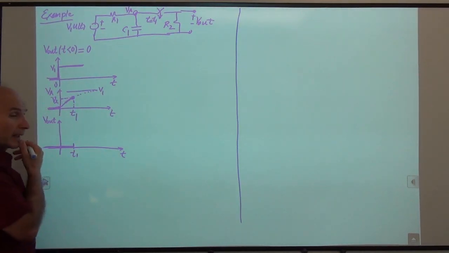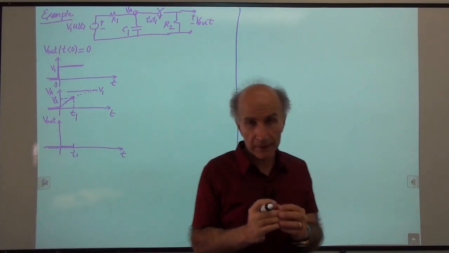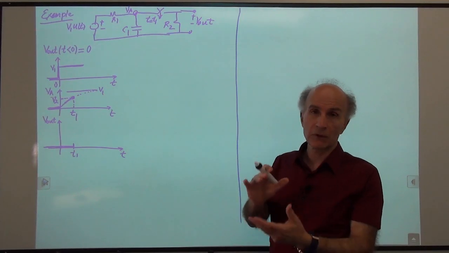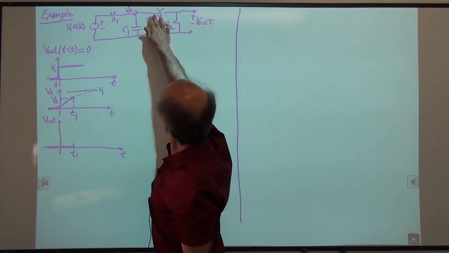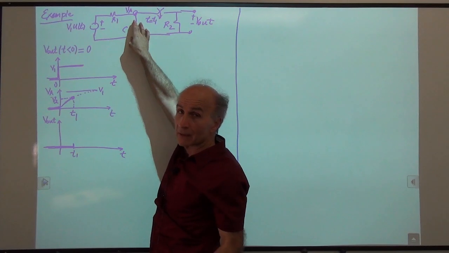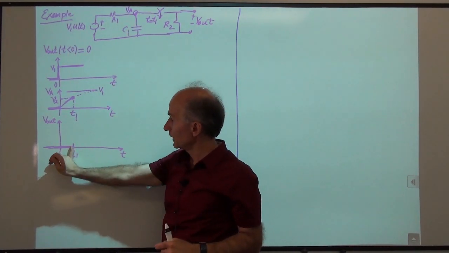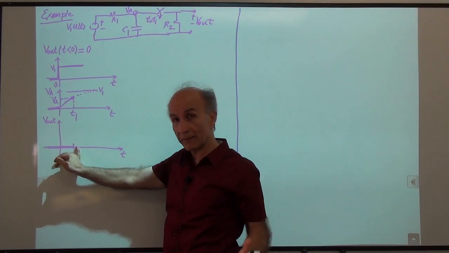Okay, at this point in time, what happens to V out? As soon as the switch conducts, V out has to become equal to the voltage across the capacitor. Right? This is a wire, so these two are now in parallel. Can the voltage on the capacitor change from just before T1 to just after T1? No, because we don't have an infinite current available.